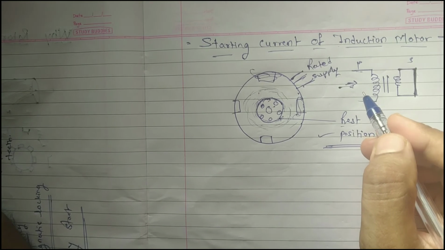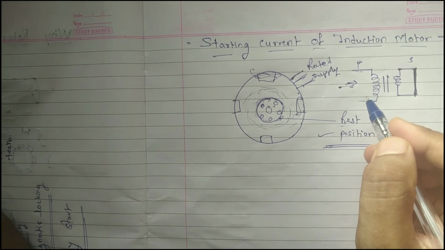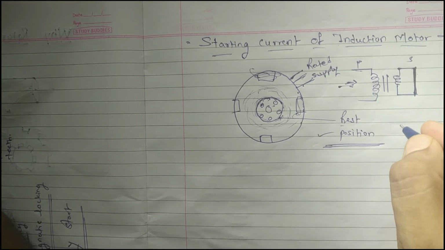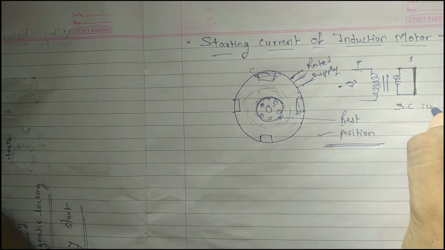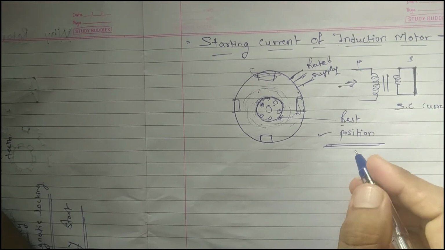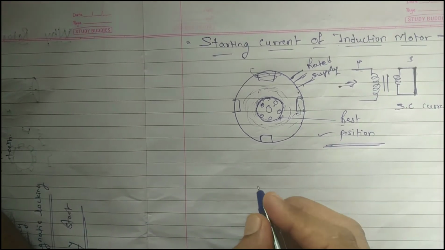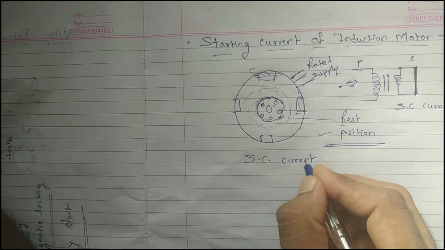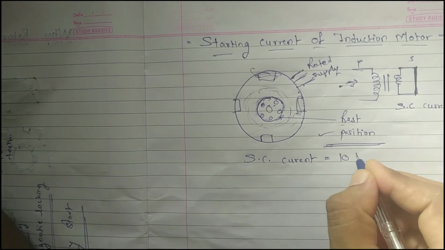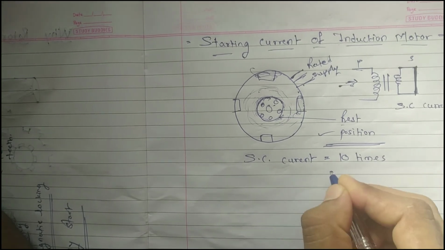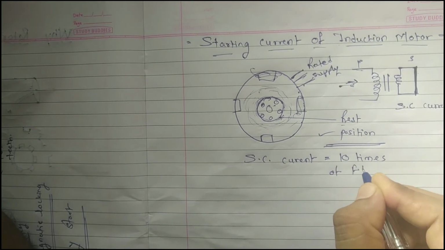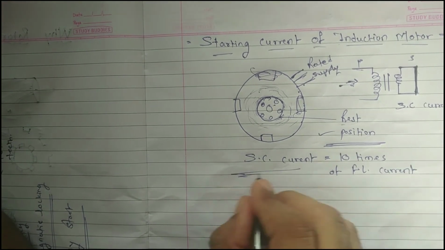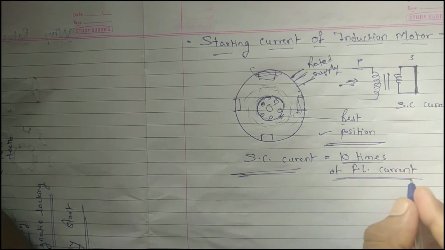Then what will happen? The whole current will flow through the circuit. That will be your short circuit current. Remember, your short circuit current is 10 times your full load current.